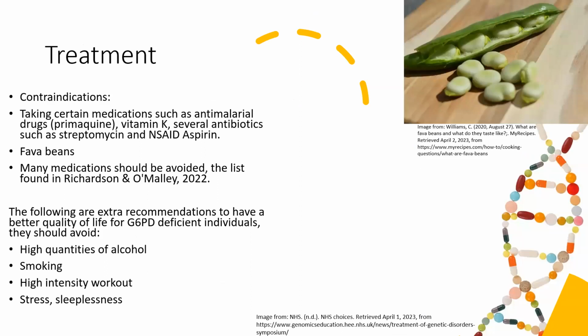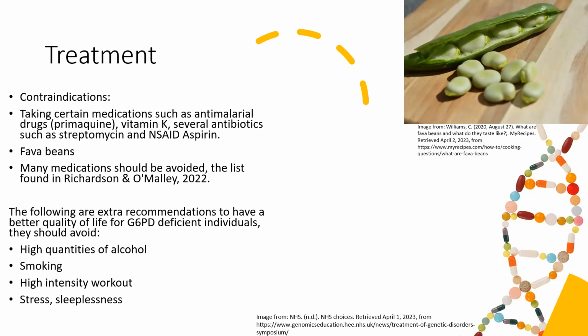And about the treatment, G6PD deficiency cannot be cured because it's a genetic disorder. However, some substances should be avoided to prevent the symptomatic chain of events from G6PD deficiency. Some contraindications, which literally means that people can't take these substances, otherwise they will have very bad symptoms, are medications such as anti-malarial drugs, primaquine, vitamin K, several antibiotics such as streptomycin, and the NSAID aspirin.